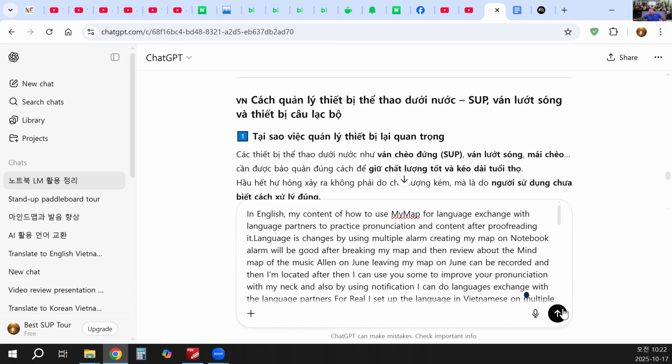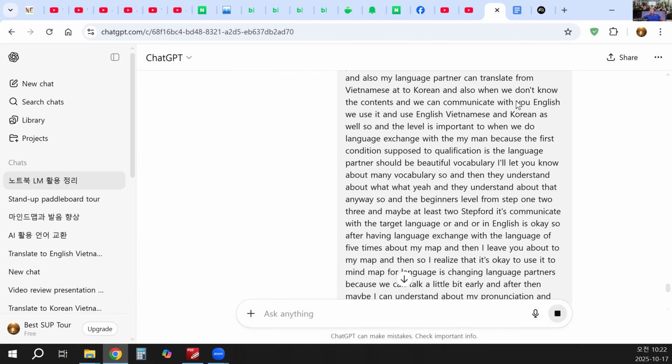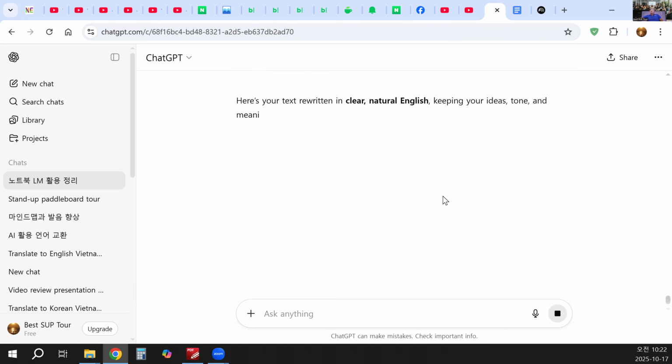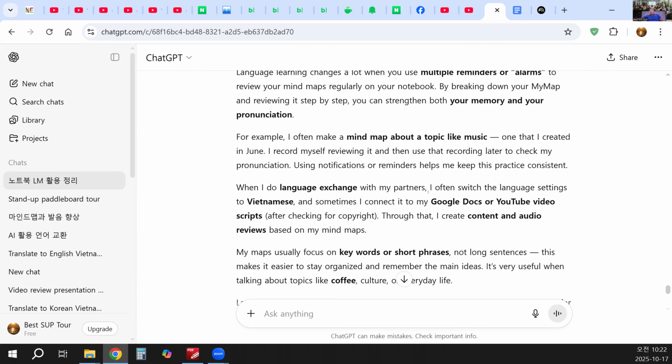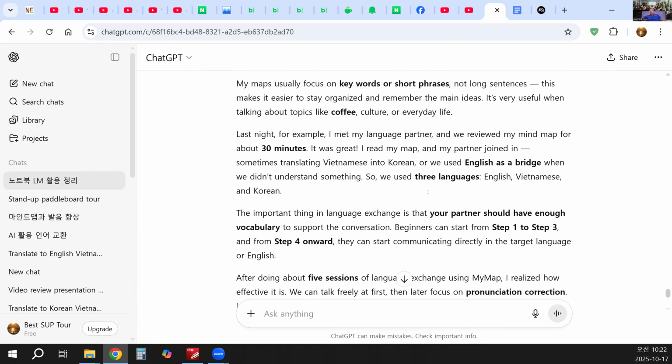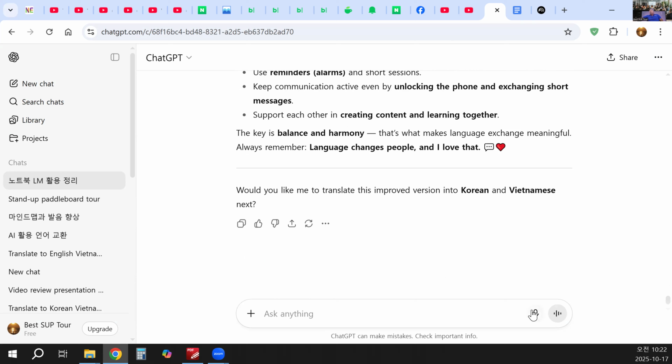I had the AI create contents about how to use mind map for language exchange and pronunciation practice, and translate it into Korean and Vietnamese.